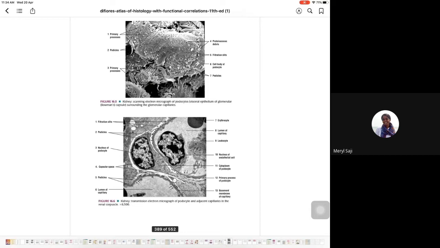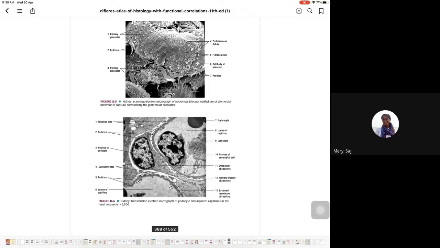Before going further, the electron microscopy itself can be either scanning electron microscopy where you see the surface, or transmission electron microscopy, where you see beneath the surface. That's why figure 16.5 is scanning microscopy. It shows the surface, and you see the leaf-like pattern, and each leaf-like pattern is the podocytes.